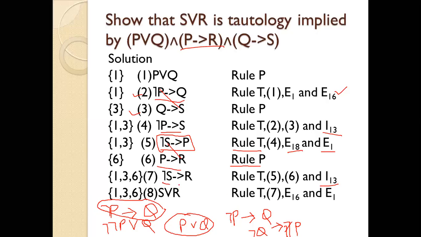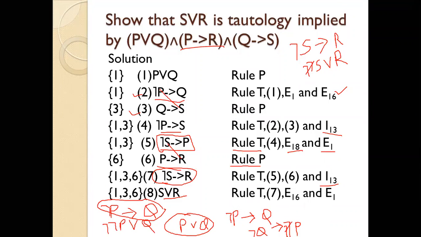And at the end, this is equivalent to S or R. Negation of P implies Q is double negation of P or Q. तो यहाँ पर ये देखो S implies R means negation of S और R and ये negation cancel हो जाएगा. अगर मैं S implies R लिखती हूँ, so it means negation of S or R. Okay, so here negation of double S, ये negation cancel हो गया.